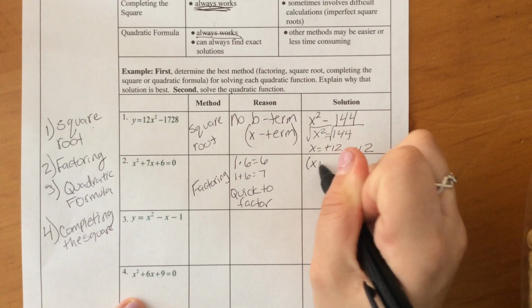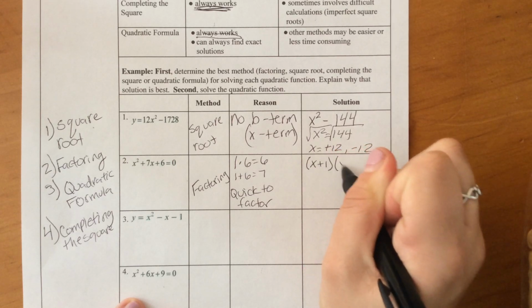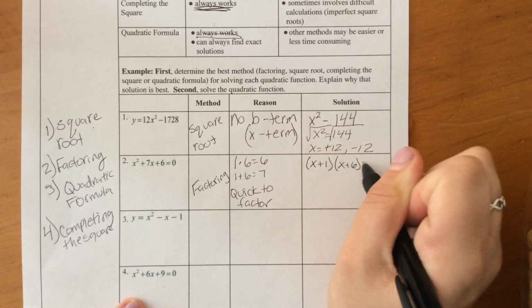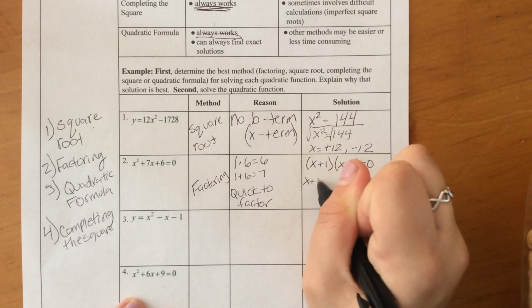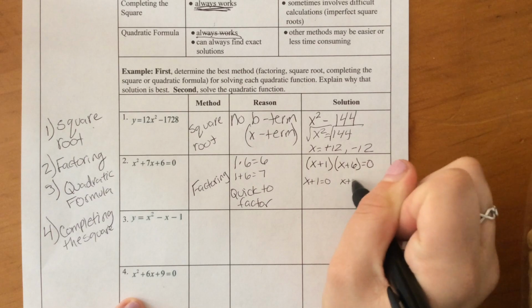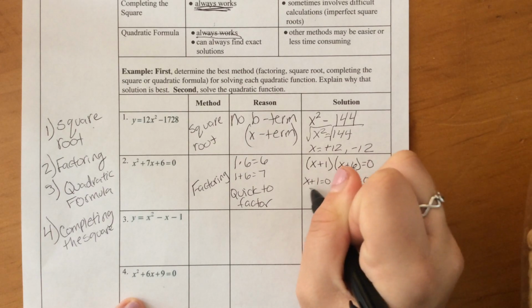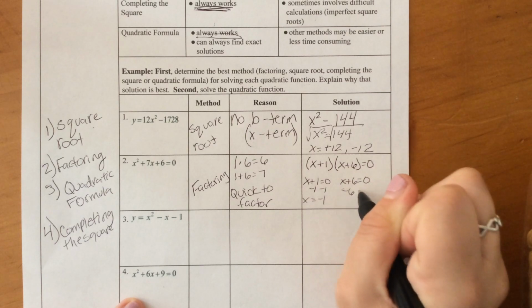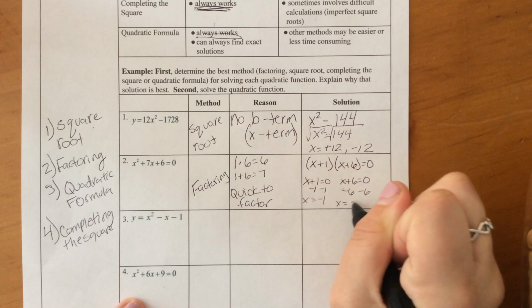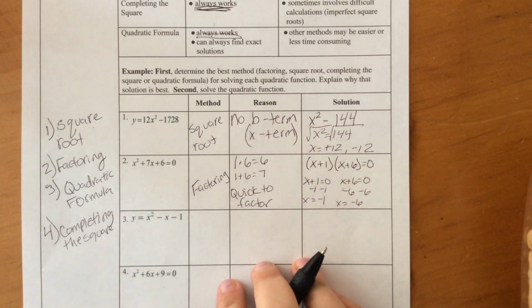When I solve it, x plus 1 times x plus 6 equals 0. And then we set both equal to 0 and solve. Minus 1, so x equals negative 1, minus 6, x equals negative 6.